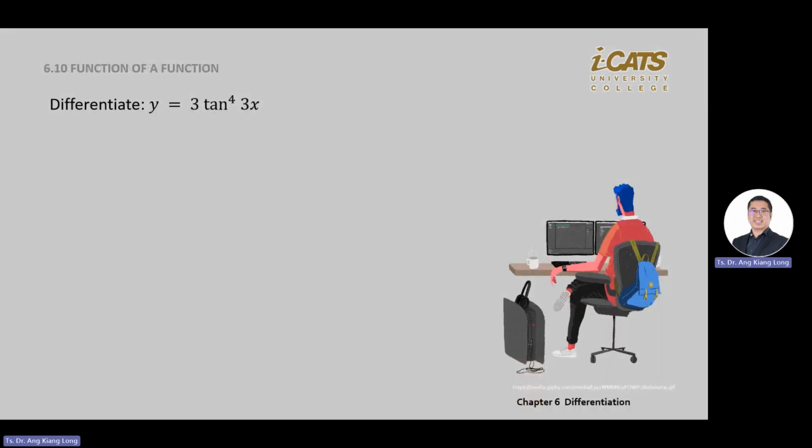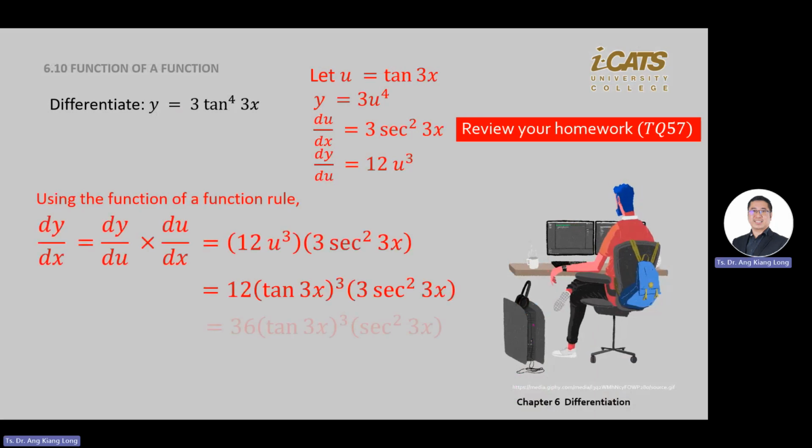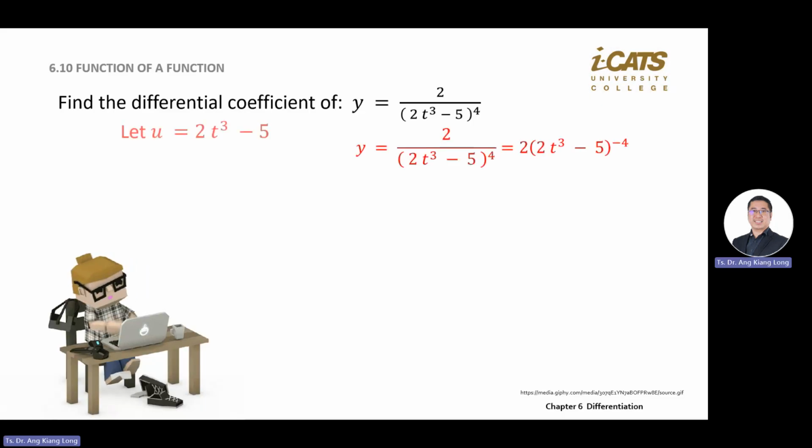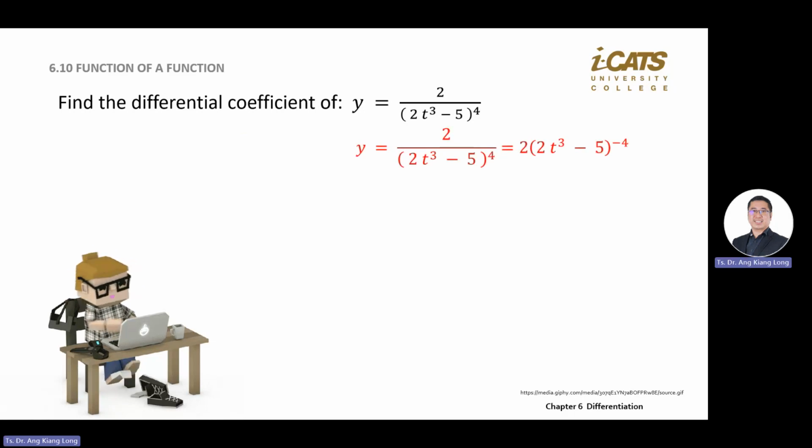Tangent, you go home and see. It will be the same. Your homework also. It means every time you see a bracket power something, you can use the function of function rule.